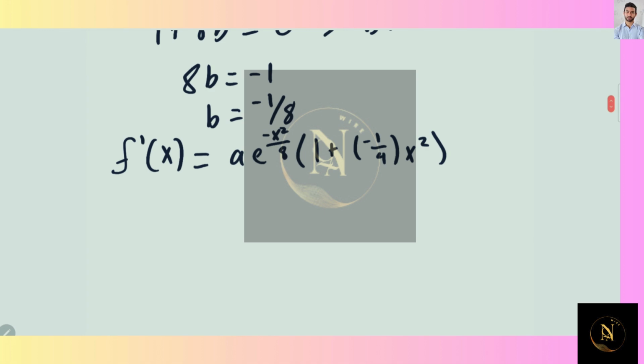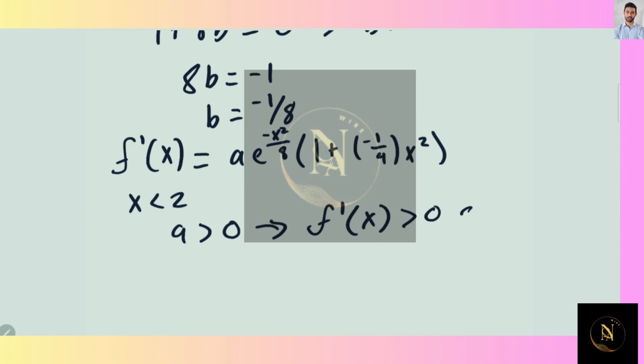If we plug in x equals 0, we have a times e to the 0, which is just a, multiplied by 1 plus 0, so this is equal to a. For this to be a maximum, we need a to be greater than 0, so that f'(x) is greater than 0 for x less than 2.